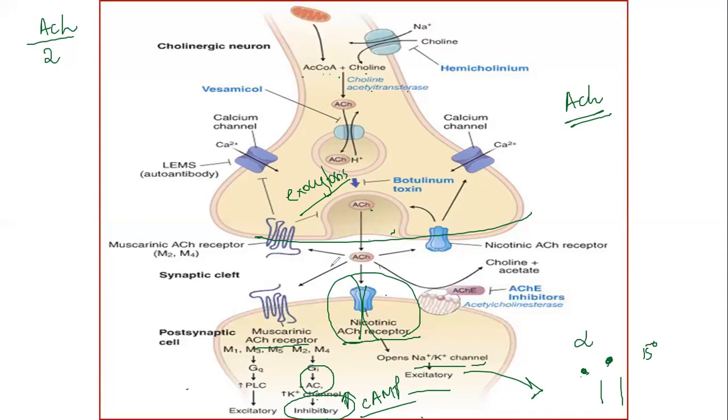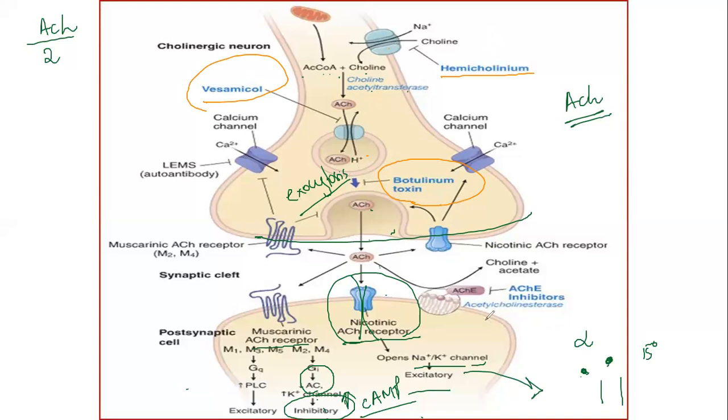Now, what else is required to remember. One is hemicholinium, which is going to block the uptake of choline through this channel. Another one is vesamicol, which is going to inhibit the uptake of the neurotransmitter into the vesicles. Okay. Botulinum toxin, which is going to inhibit the exocytosis of this vesicle to the plasma membrane.